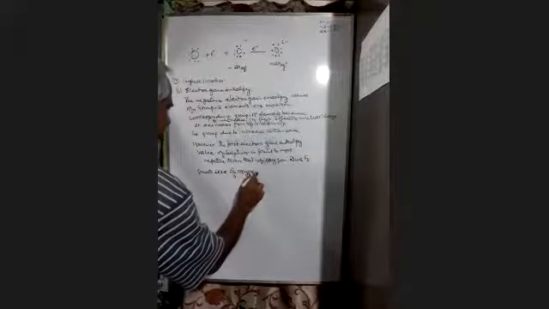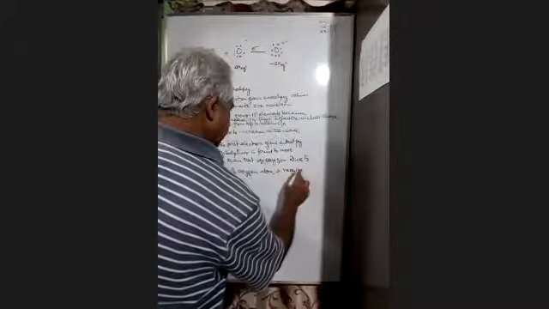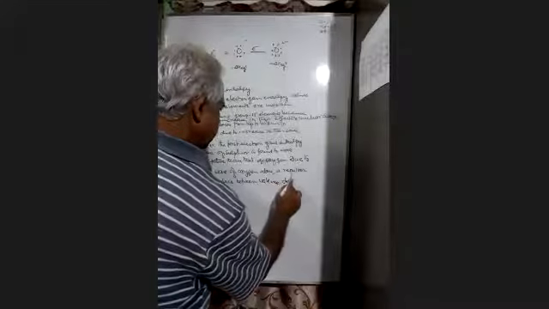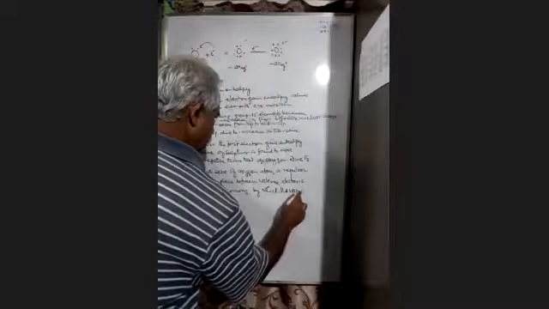So we'll write here: due to the small size of the oxygen atom, a repulsion takes place between the valence electrons, these are the valence electrons, and the incoming electron, that is the one which is coming, by which the value decreases.